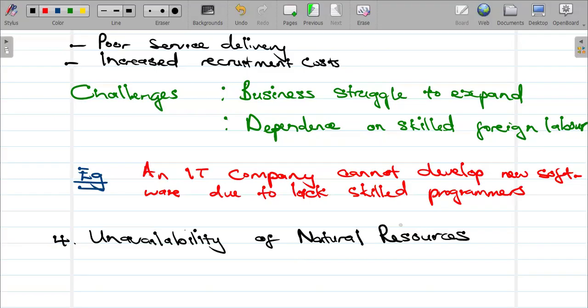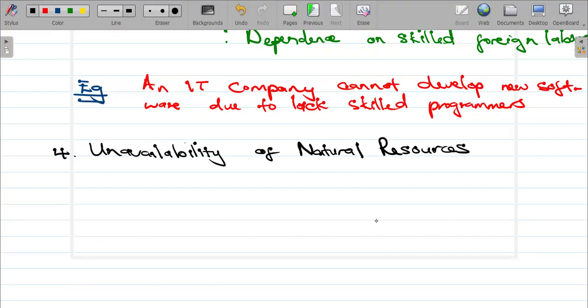Unavailability of natural resources. All right. So let's discuss the impact on productivity.